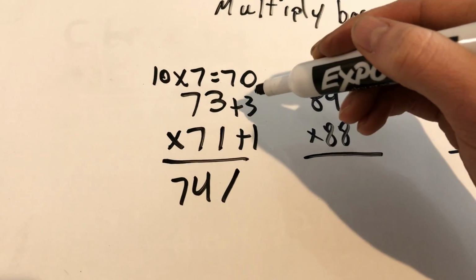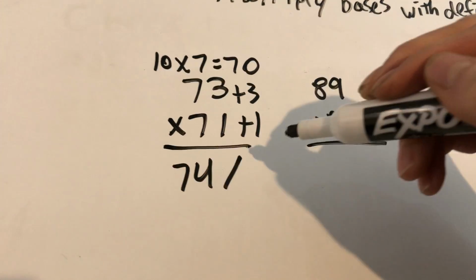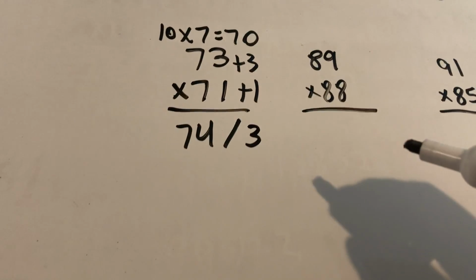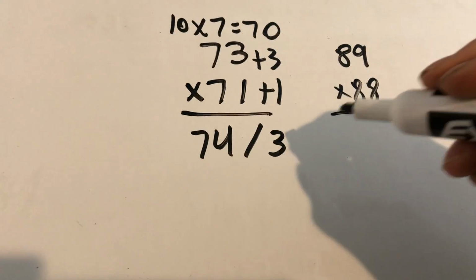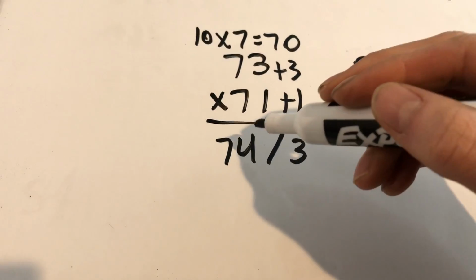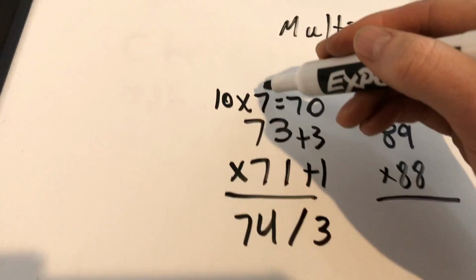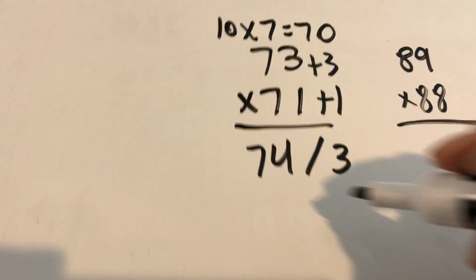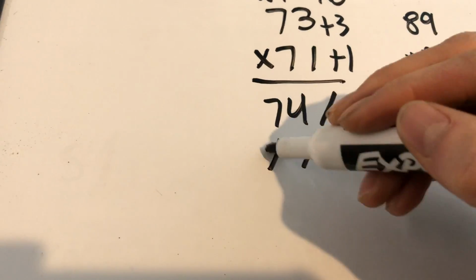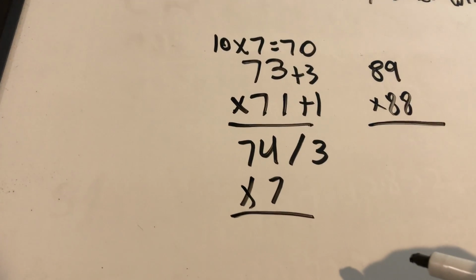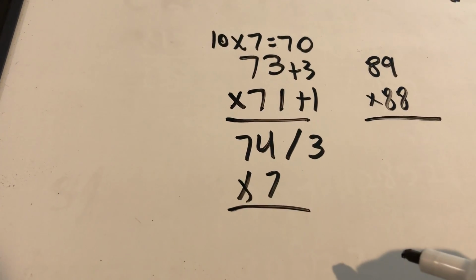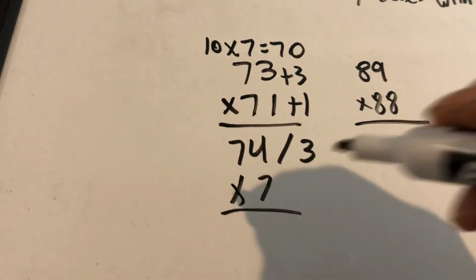Next one is to multiply 3 times 1, which equals 3. Now the next step is to multiply 74 by the deficiency of 7. So 74 times 7 equals 518.